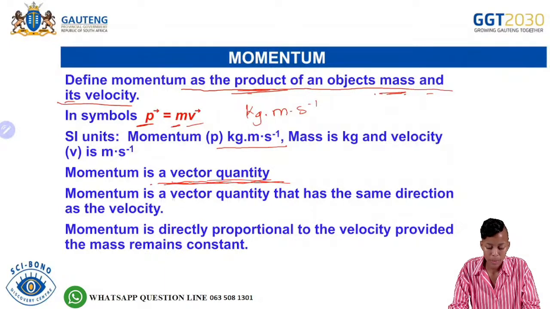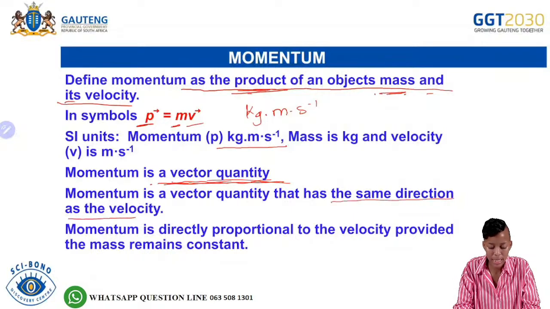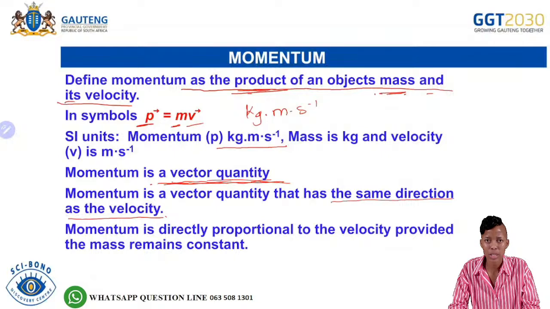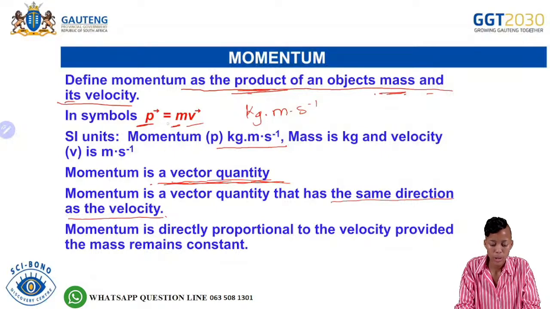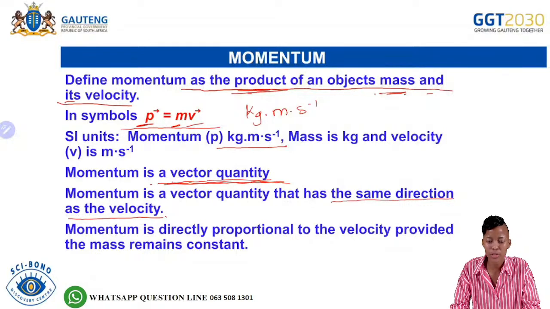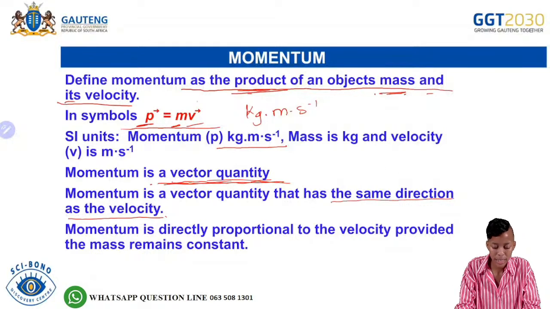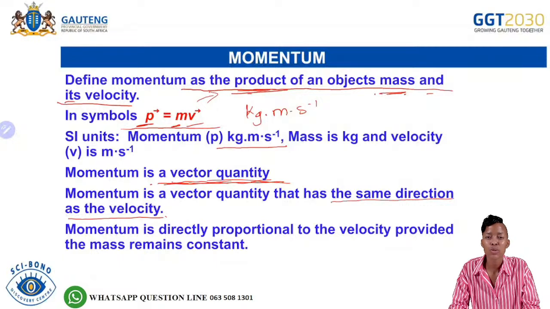Then it says momentum is a vector quantity that has the same direction as the velocity. So what are they talking about? Meaning that from the same formula of P is equal to mv, whatever direction that you are going to have in terms of the velocity will therefore be the direction of the momentum.